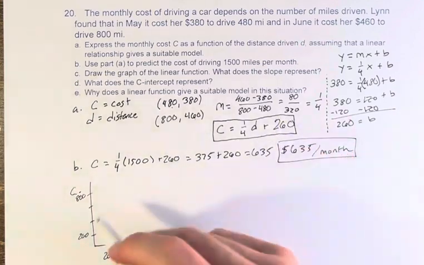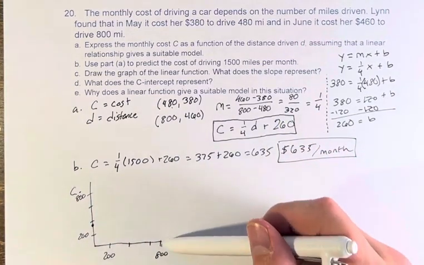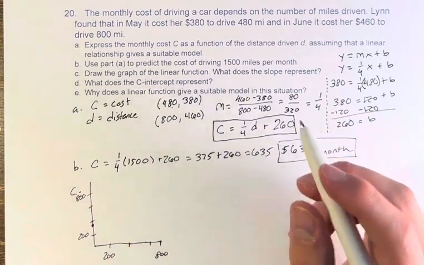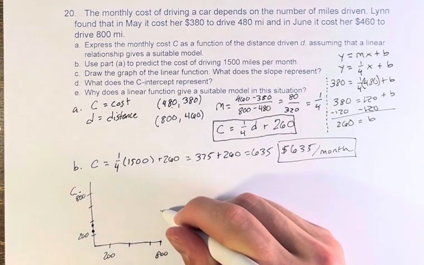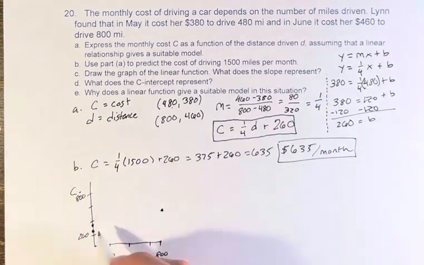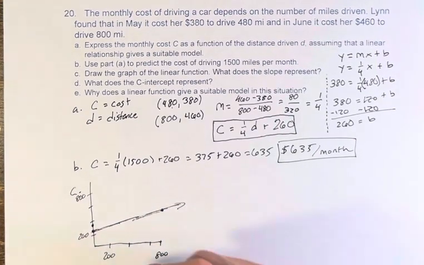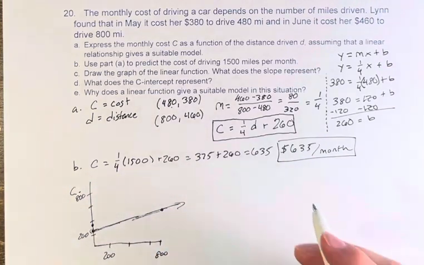We're starting at 0, 260, and we are finishing at 800, 460. So this point should actually be down there, and this point will be roughly around there. And it goes a little something like this. Note that I'm starting here, I'm not going into the negatives, because you can't drive negative miles.